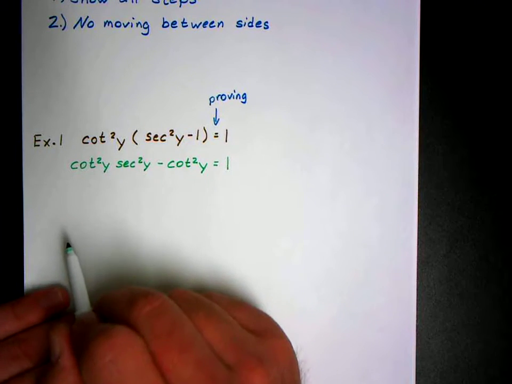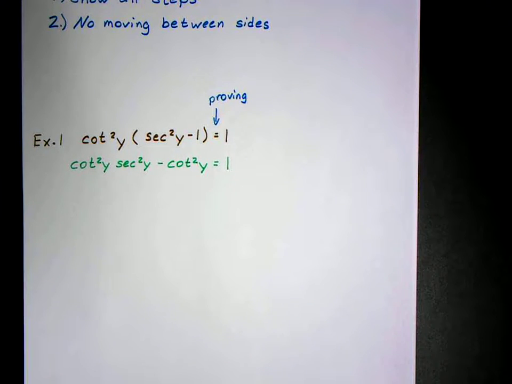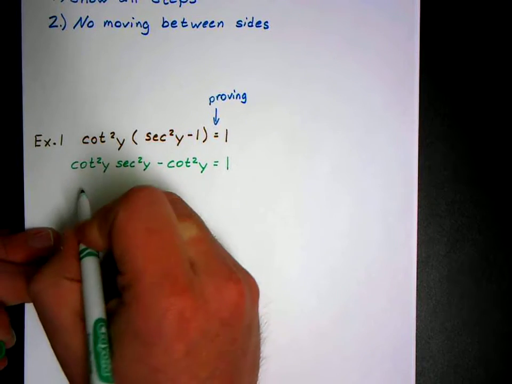Okay, so we're stuck. If we're stuck, what's one of the things we can always do? No, don't start over. Change them all into what? Oh yeah, sine and cosine.